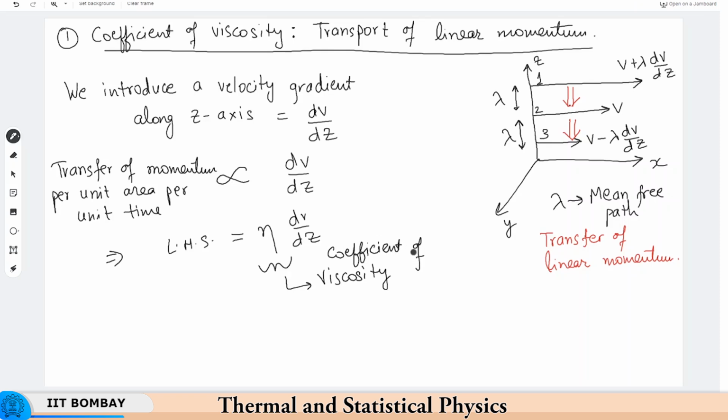So, the resistance that is felt by these gas molecules can be measured using this term that we have defined as the coefficient of viscosity. Now, our job is just to evaluate the amount of this momentum transfer between two plates and find the expression for viscosity.